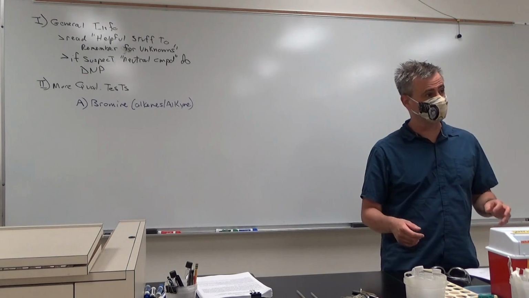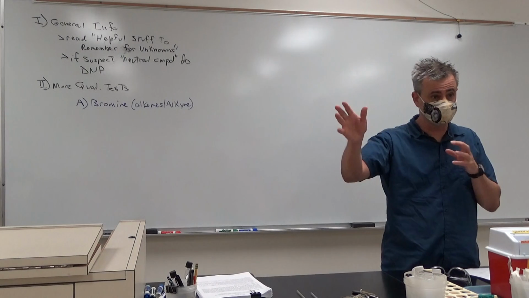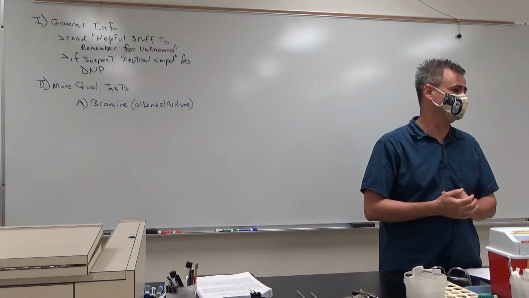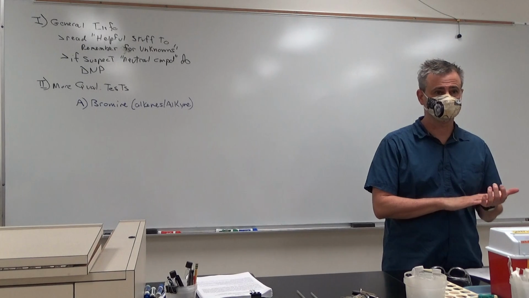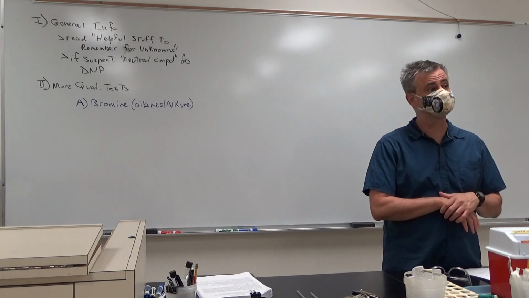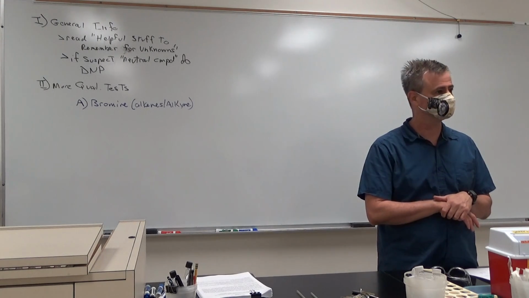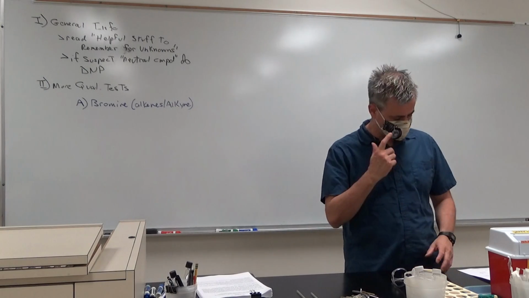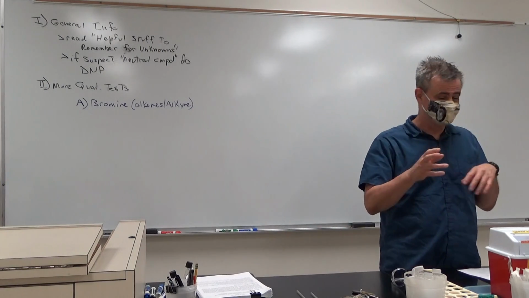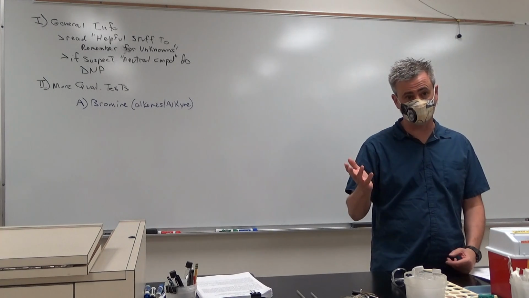Bromine can react, and the color disappears, with some aromatics, what we call activated aromatics, the things that tend to be really strong ortho-para directors. The test is a little different. With alkenes, the color goes away.